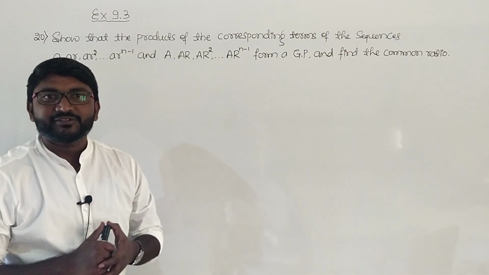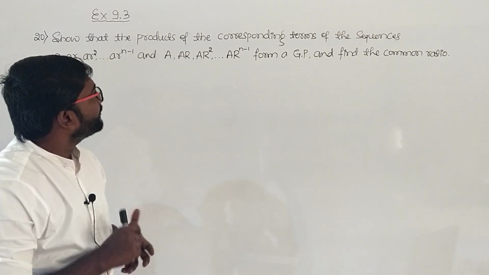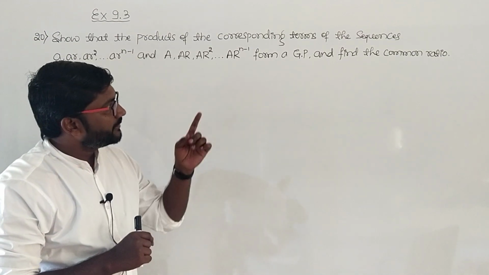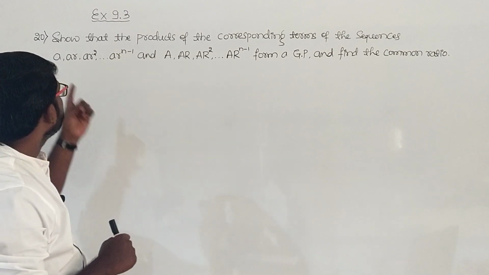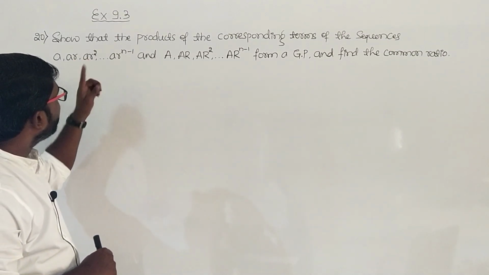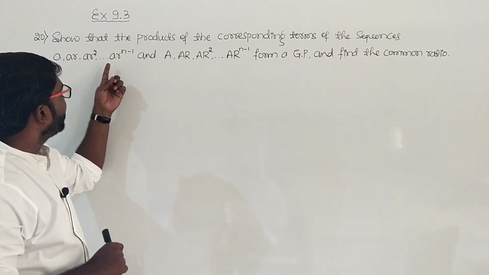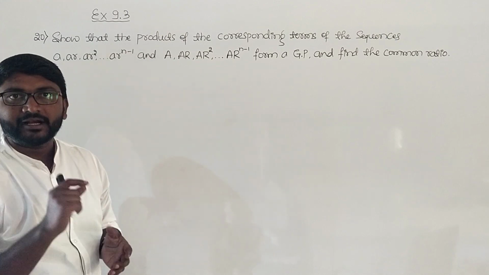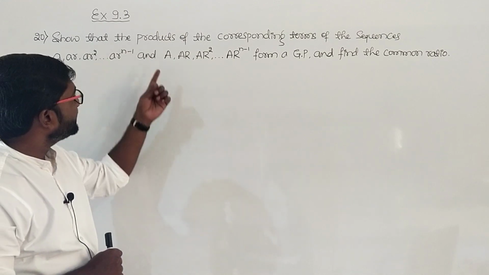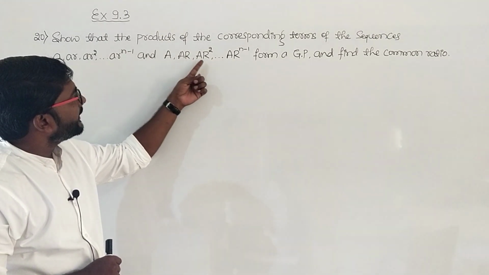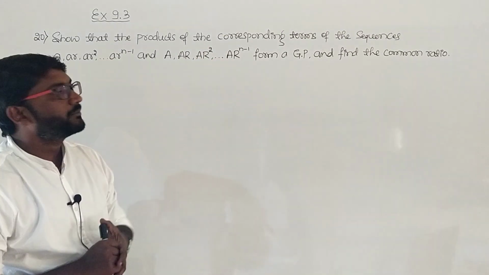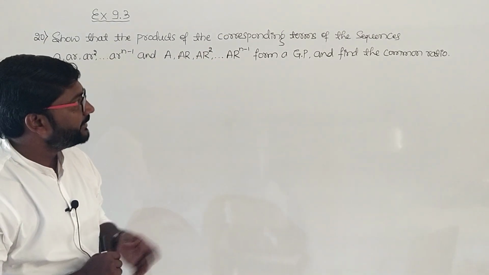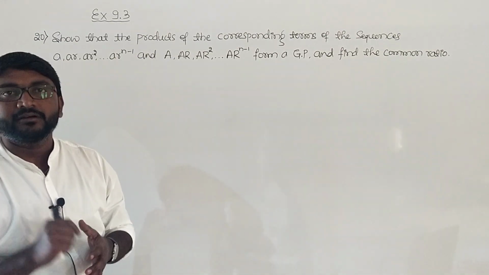Well, the 20th question is: show that the products of the corresponding terms of the sequences a, ar, ar square, and so on, a into r raised to n minus 1, and another sequence, capital A, AR, AR square, A into R raised to n minus 1, form a GP and find the common ratio.